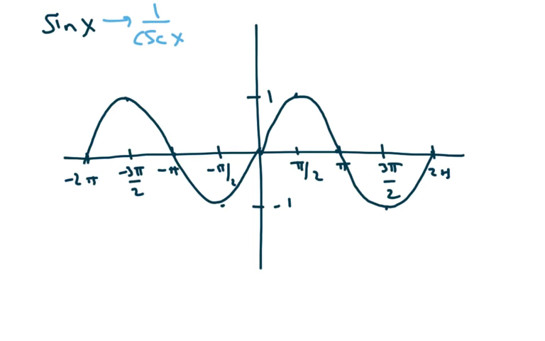So in order to graph cosecant, we're going to take each of these ordered pairs and find the reciprocal of the y-coordinate. So, what's the reciprocal of 0? Well, the reciprocal of 0 is undefined. So every time this graph hits the x-axis, the cosecant graph is going to have an asymptote.